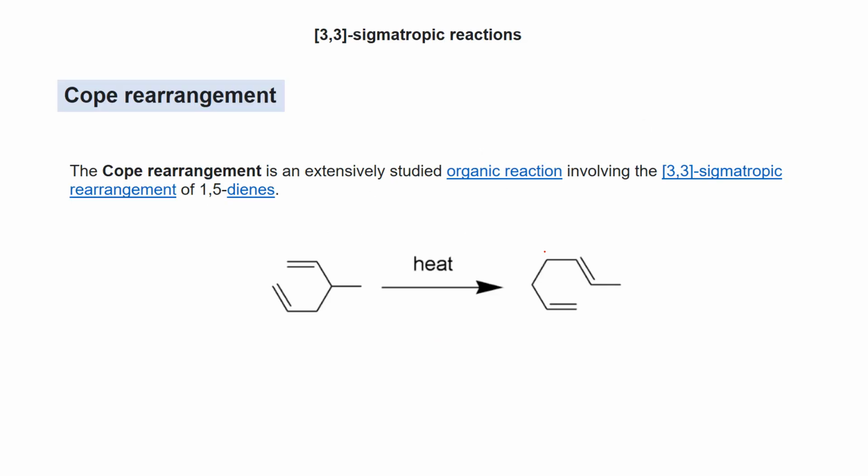Next, we will discuss the 3,3 sigmatropic reaction. In the previous classes, we discussed some cycloaddition reactions, like the Diels-Alder reaction in the last class, the 2+2 cycloaddition reaction and the De Mayo reaction. We have discussed three important cycloaddition reactions.